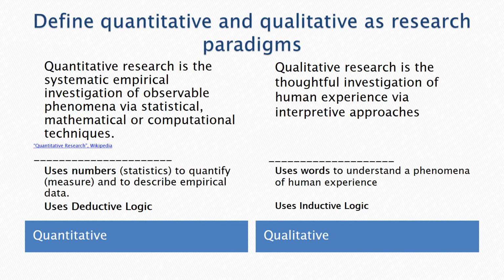So just looking at defining quant and qual research as research paradigms. On the left, the quantitative research. This is a very systematic, empirical investigation of observable phenomena where we need to be able to observe and see change and measure that in some way. And so typically it's via some statistical, mathematical, or computational technique.